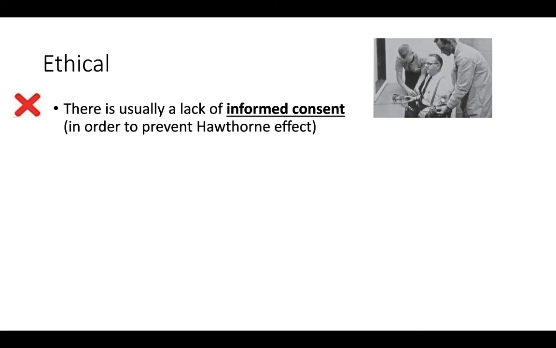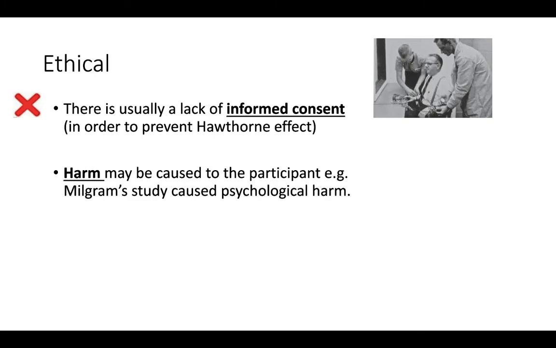So you try not to tell the participant why they're being studied. In Milgram's example, you couldn't say, oh, by the way, the person next door isn't really there, and those shocks, they aren't really real electricity, because then the entire study would be a waste of time. So what you need to do is actually trick people when you're doing lab experiments, and that means you haven't got informed consent. Informed consent is when you tell people what they're about to go through and they agree.